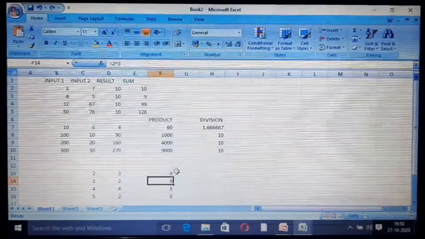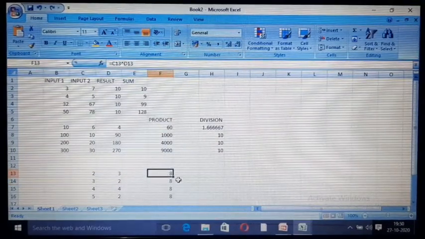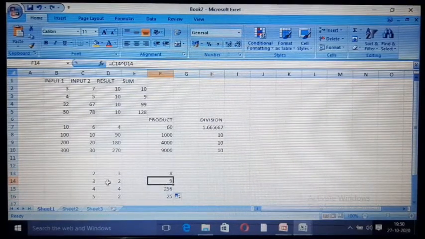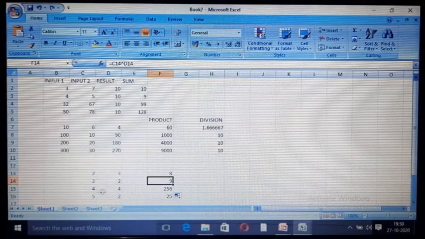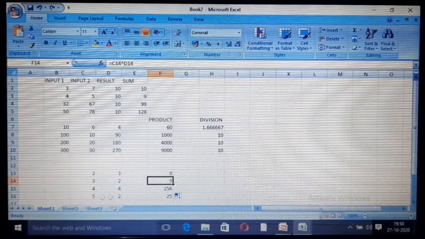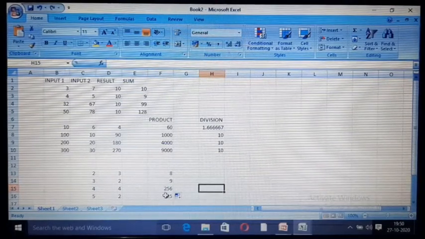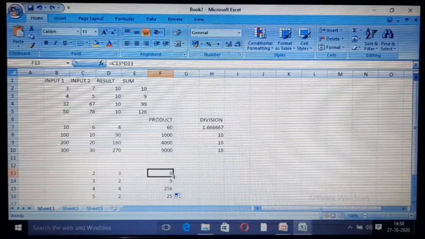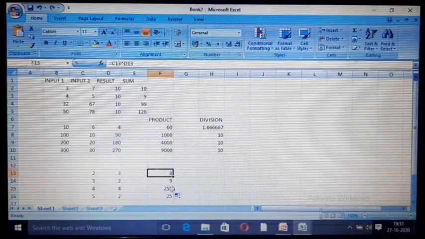Now the answer is the same here. Autofill handle. Now here comes the answer. 3 square is 9. 4 to the power 4 is 256. Now 5 square is 25. Now all the answers are correct. Before it was wrong because the number 8 was copied in all the cells here.